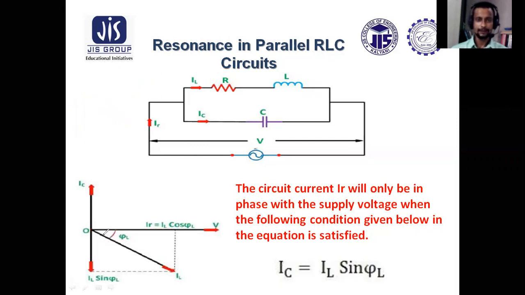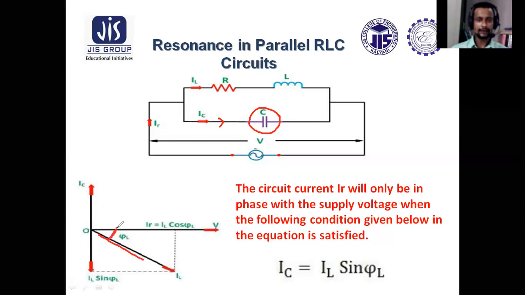Okay. So this is the direction of IL. Now this capacitor is acting alone here. So what is the phase angle of IC with respect to V? IC will lead V by 90 degree. So this is IC.